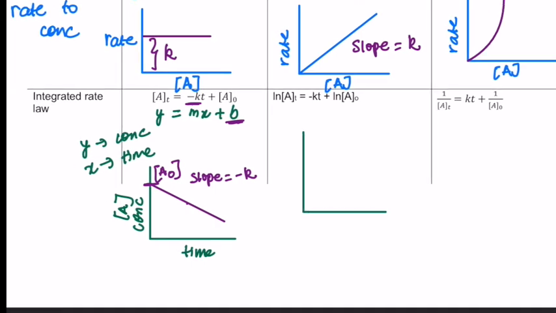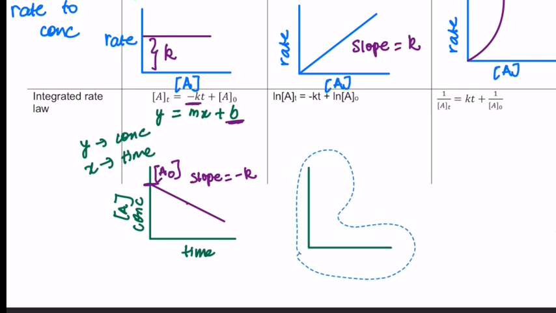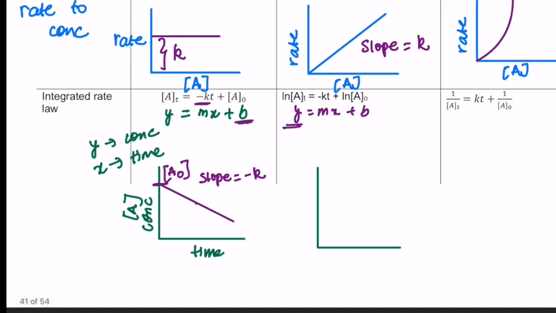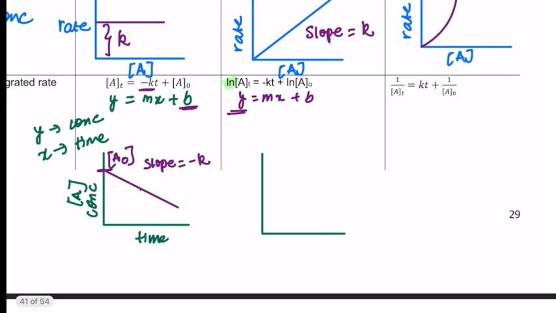Let's see what happens if we want to draw a graph for a first order reaction. In this case, if we try to relate this equation to your usual y equals mx plus b, then notice that y changes. It is not just concentration. This time y is the ln of concentration.